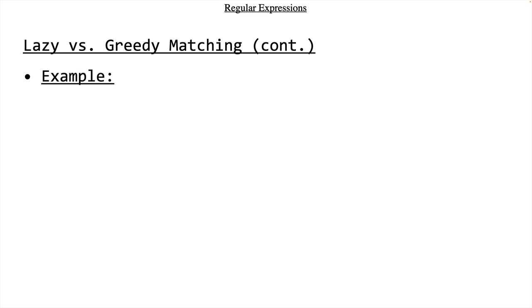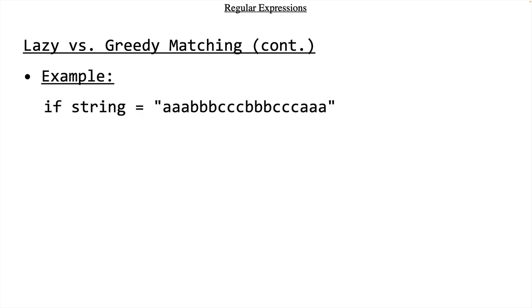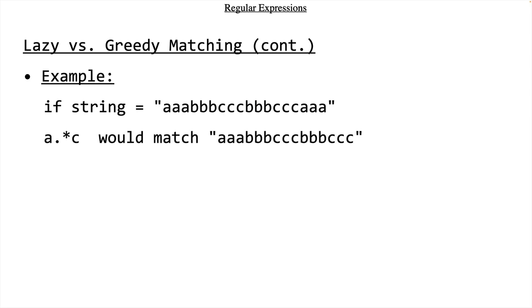So an example is, let's assume we have this string with a bunch of A's and B's and C's in it, and we want to do A dot star C. So it needs to start with an A, and then I can have 0 or more characters and a C. So the longest string, because this defaults to greedy matching, is going to be AAA, BBB, CCC, BBB, CCC.